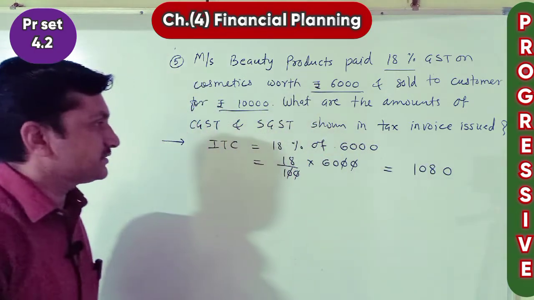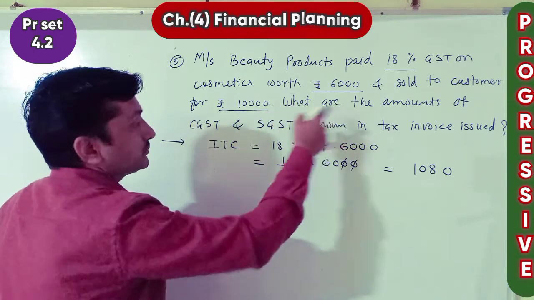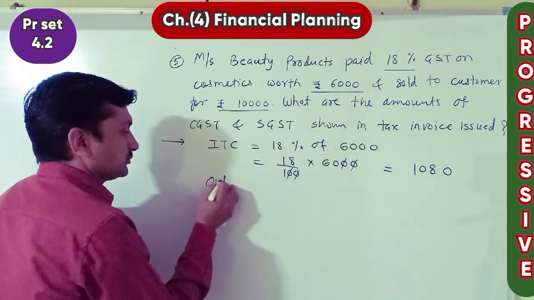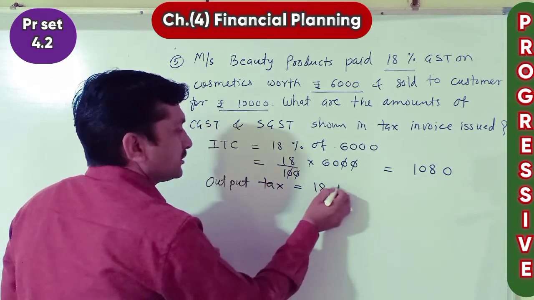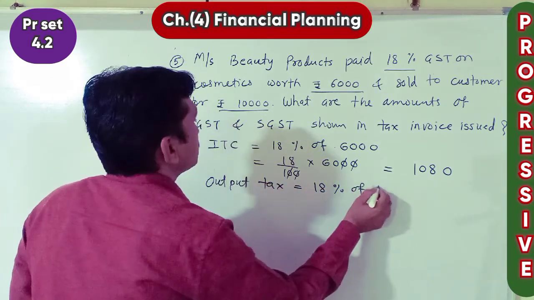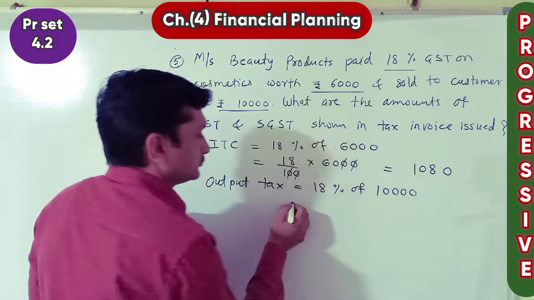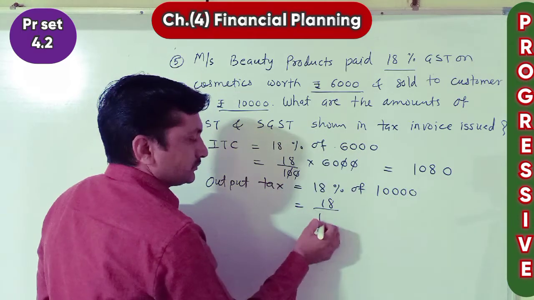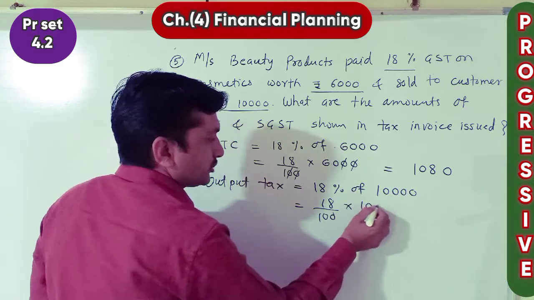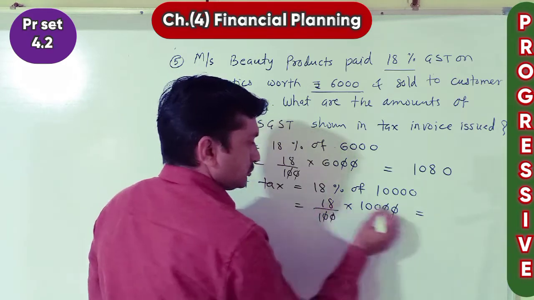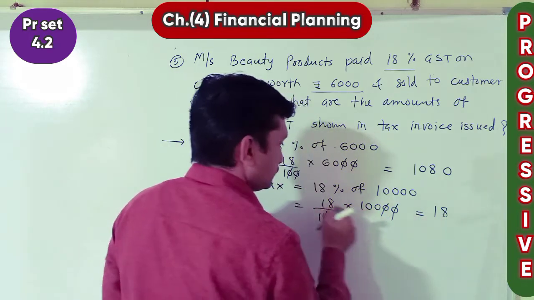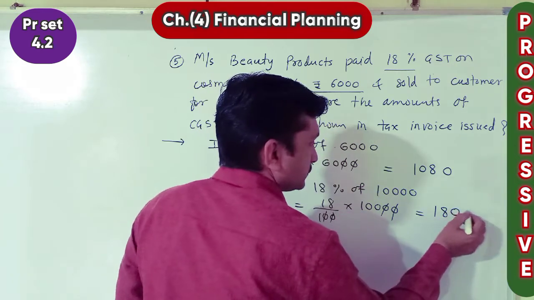This is ITC. Now let's find output tax. Output tax is equal to 18% of 10,000. 18 upon 100 multiplied by 10,000 is equal to, 2 zeros cancel, 18 ones are 18, 2 zeros.